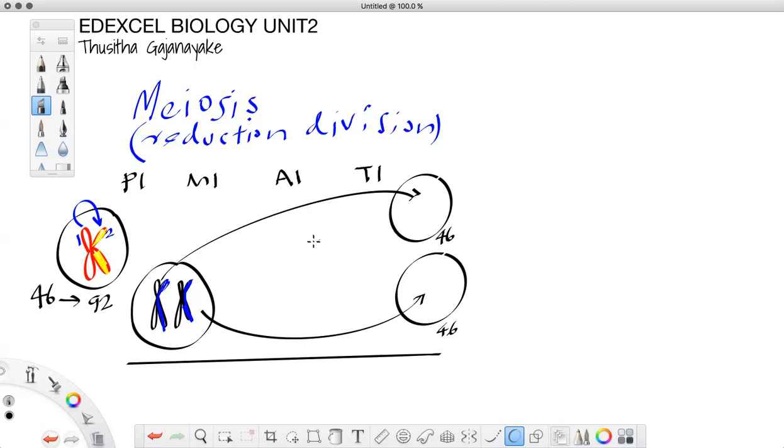Now you can understand the original cell has 46 chromosomes, and the 46 chromosomes exist in pairs. So now we divide the 46 chromosomes into 23 and 23. This cell gets one set, and this cell gets another set.